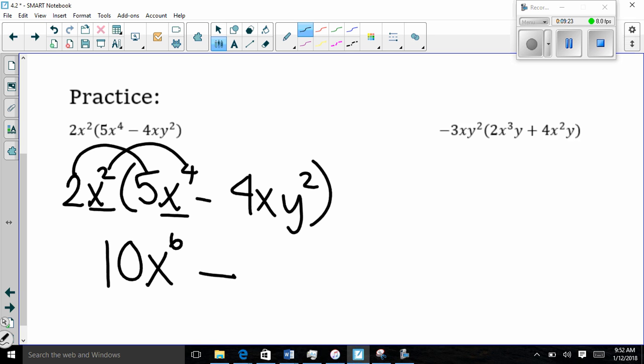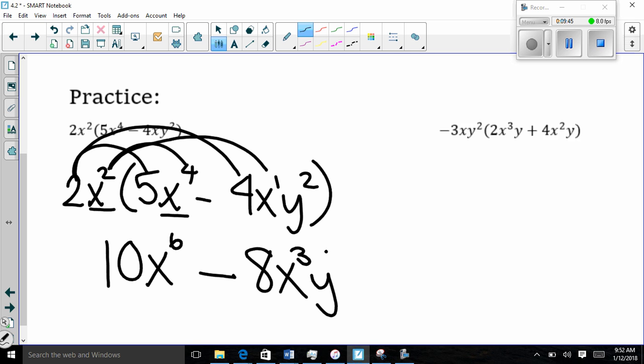This is on your quiz too. A lot of people are forgetting to put this x. What is the exponent for x right here? 1. So each thing's individually. What's 2 times -4? Good. -8. And the x's I could combine, right? What's x squared times x to the 1st? X to the 3. And since the y squared can't combine, we just put it at the end. So that's my answer for the first one.